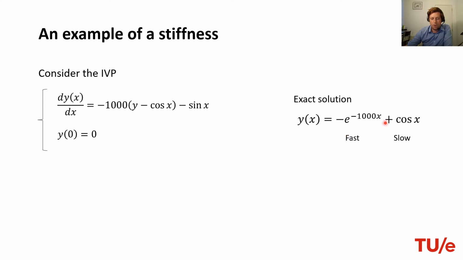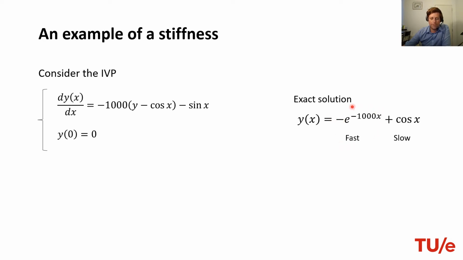We have one component, minus e to the power minus 1000x, plus another component, cosine of x. You can verify that this is actually a solution to this equation by taking the derivative and substituting it back into the ODE. But we see that we have two different components to the solution.